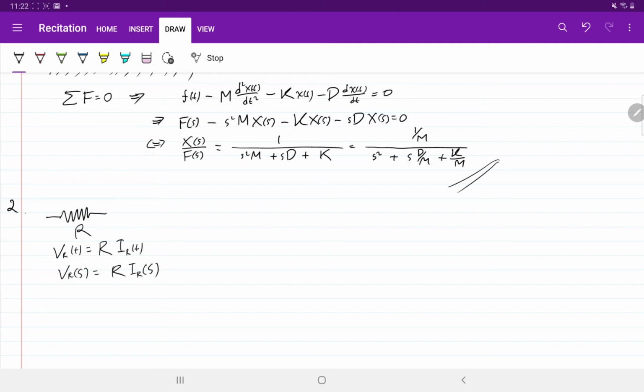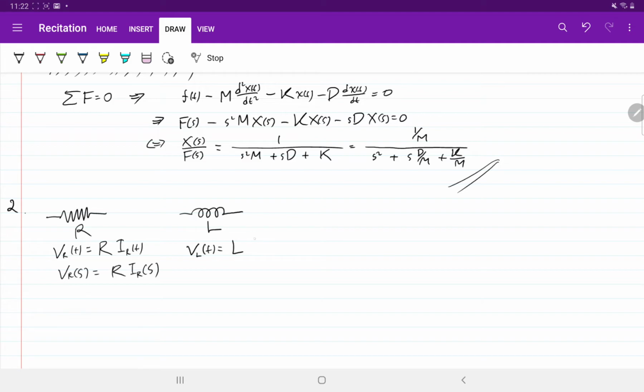The second important component is the inductor with inductance L. We know that the voltage of the inductor is the inductance times the time derivative of the current.